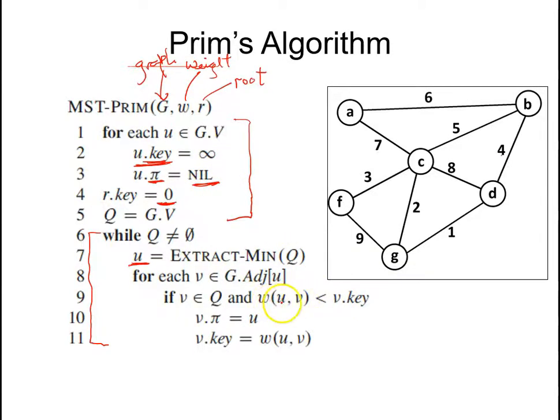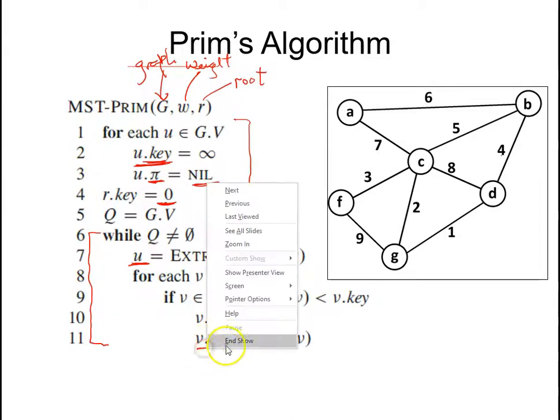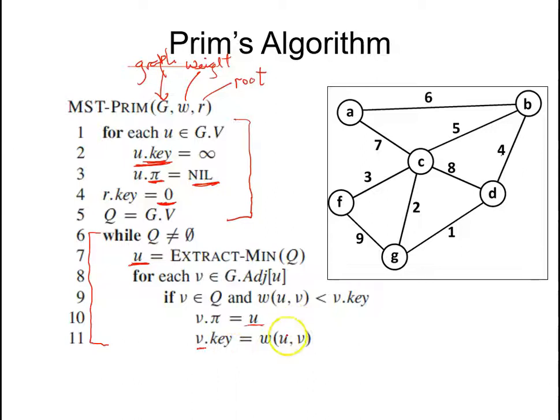Okay, we will set the predecessor of that adjacency vertex as our current vertex, and we will set the key value of that vertex as the weight of the edge between the current vertex and that adjacent vertex. Okay?